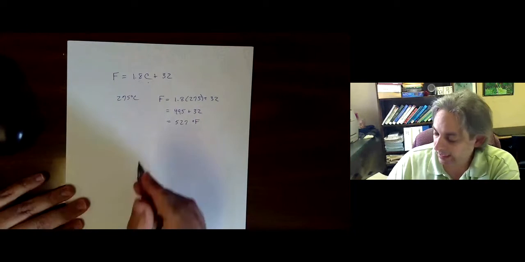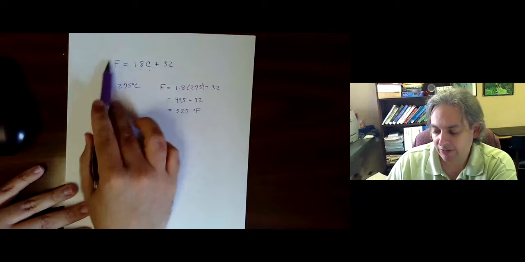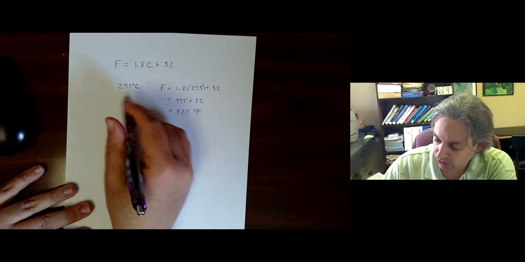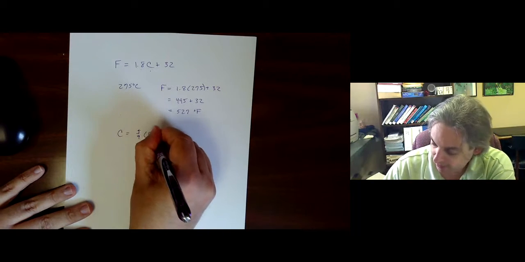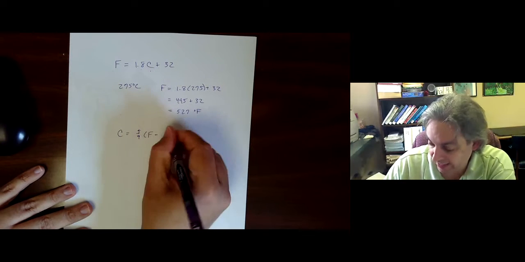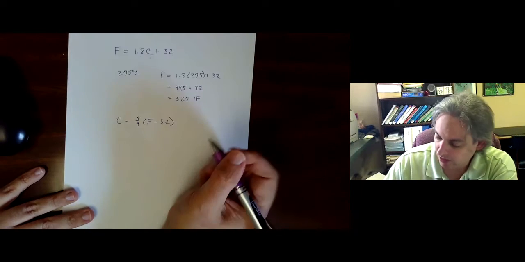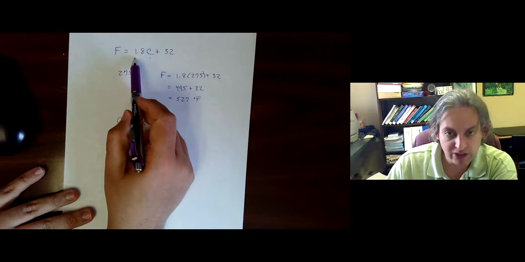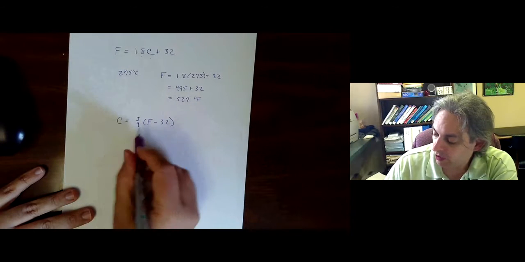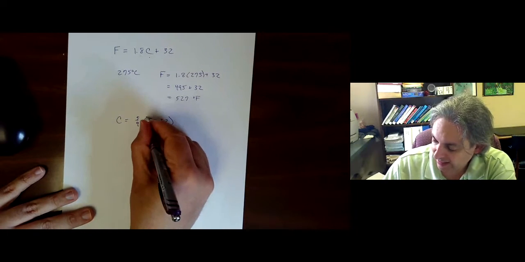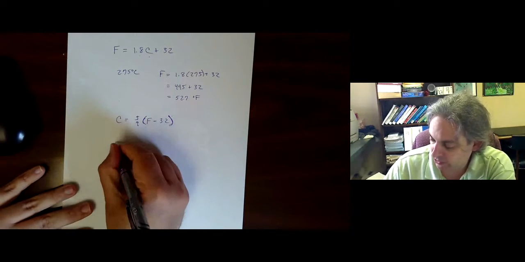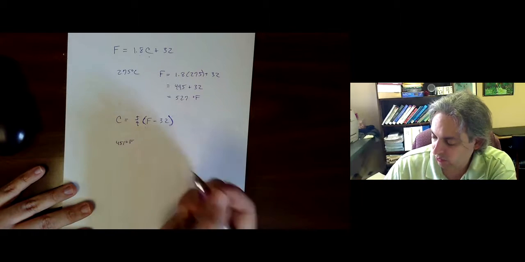To go the other way, we can rearrange this. Another formula that you can use is Celsius is equal to 5/9 times the Fahrenheit temperature minus 32. So 5/9 is basically the reciprocal of 1.8. Don't forget that this is in parentheses, so we need to do this first. So if I have a Fahrenheit temperature of 451 degrees Fahrenheit, what is Celsius?